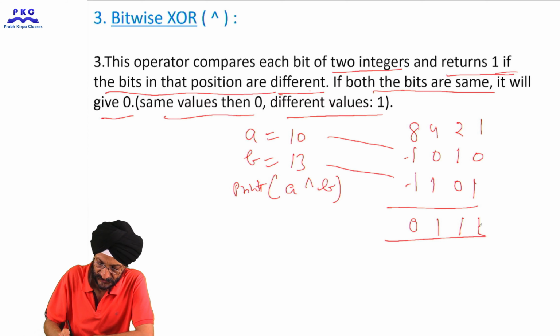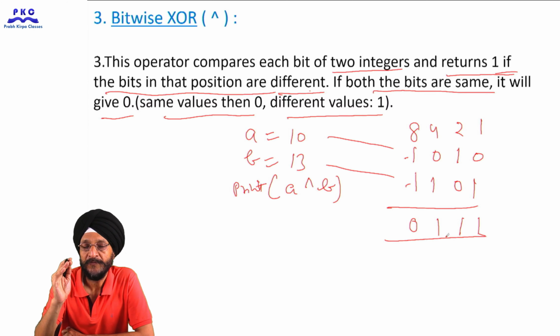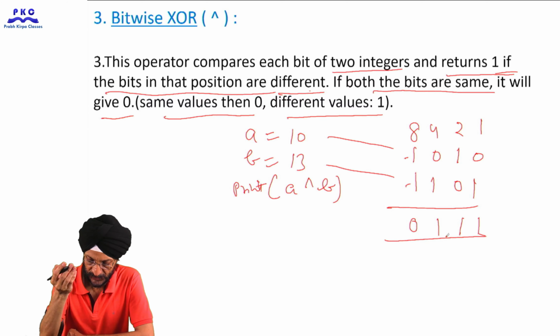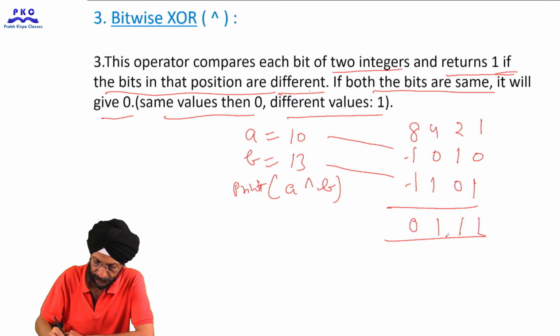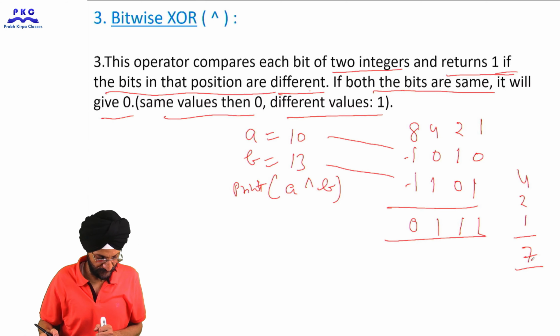So what is the binary number which we have got? 1 1 1. Now we will convert this binary number into decimal. We get 4, 2 and 1. 4 2 1. So the answer is 7.